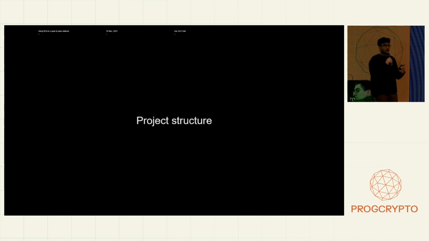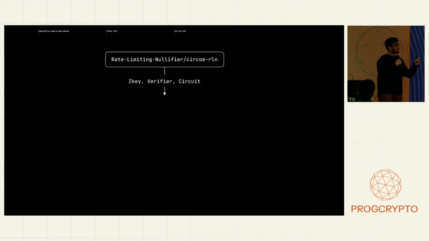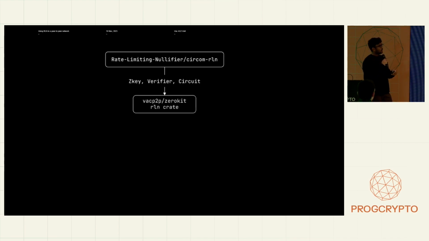Before I get into how Waku uses RLN, let me talk briefly about the project structure so everyone's on the same page. Up top, we have Circom RLN built by PSE, which exports the zkey, verifier, and the circuit, which we then ingest into zerokit.